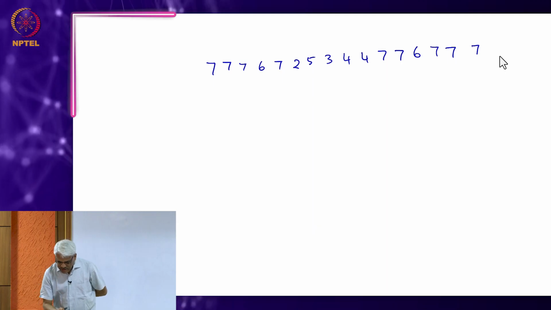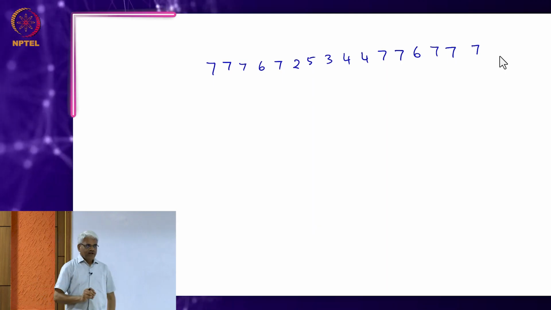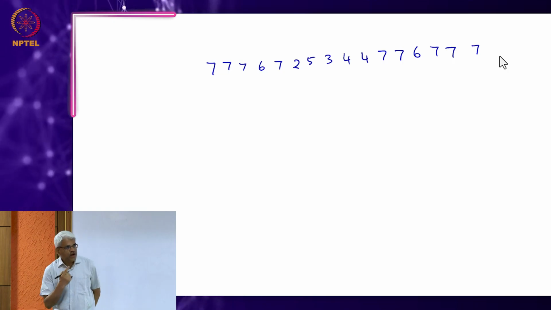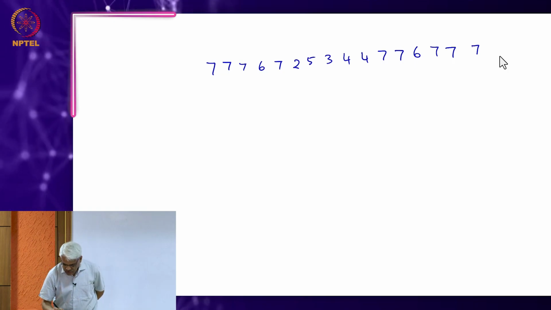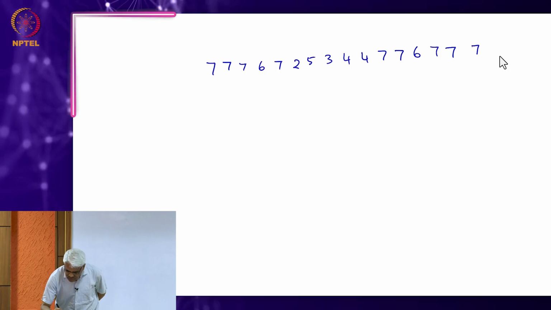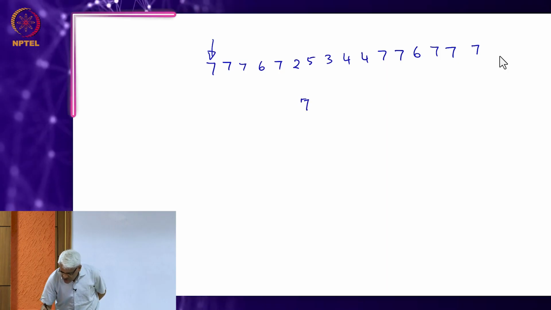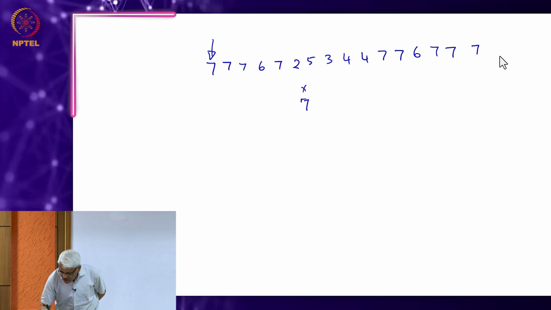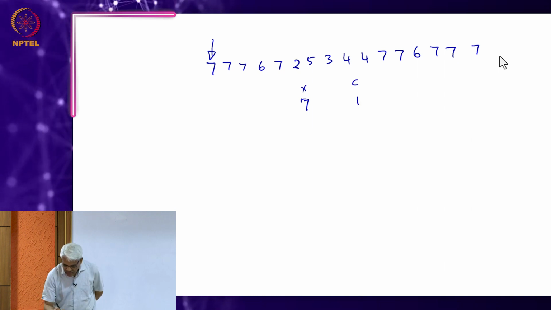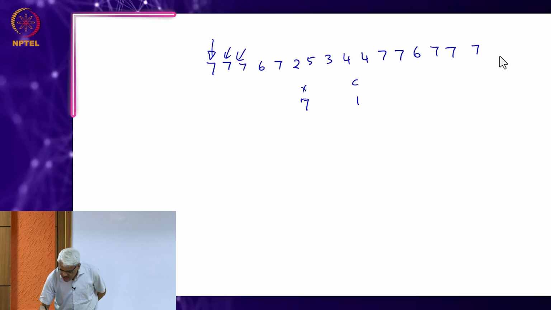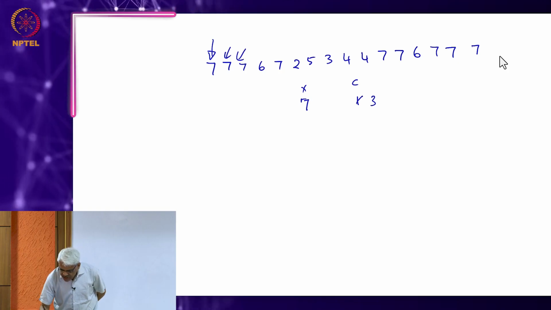Okay, so I'm going to just scan this list and do something. Store one value and a counter. That's all I'm going to do. So I'm here. I will store this one value 7 and a counter which is 1. And as I see these things, this counter gets increased to 3.